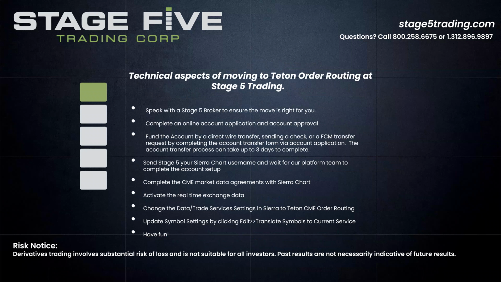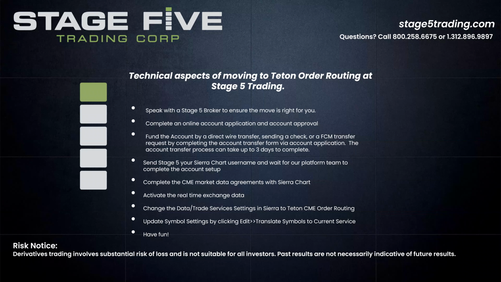Okay, so what does it take to move your account from wherever it is to Teton or routing at Stage 5? I believe that this outline is a nice, succinct, step-by-step approach to what it would take. So first and foremost, talk to a Stage 5 broker. Let us contact you.